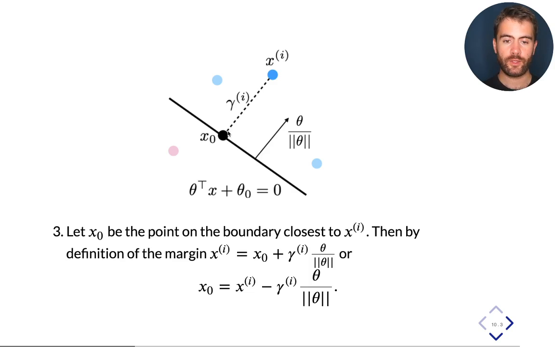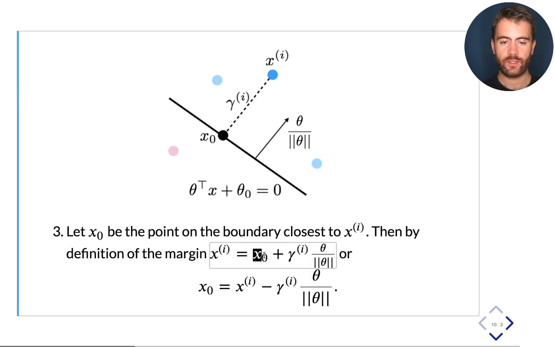So, in other words, in order to get to the vector xi, I start with x0, which is the point on the boundary that is closest to xi. And then from here, I take a step of length gamma in the direction of this perpendicular vector, theta. So this is what I'm doing here. I start at x0, then I take a step in this direction with a step length of gamma, and now this gets me to xi.